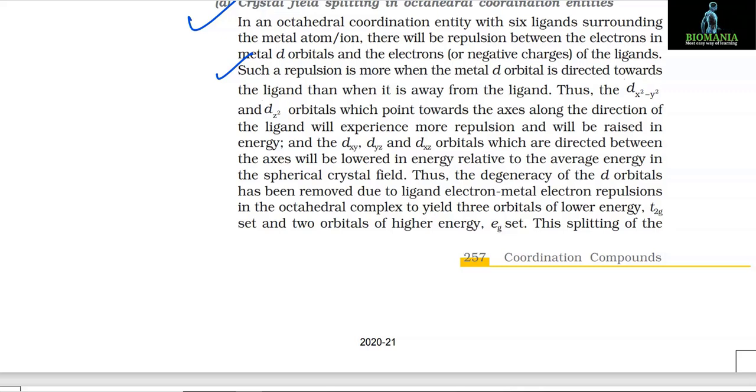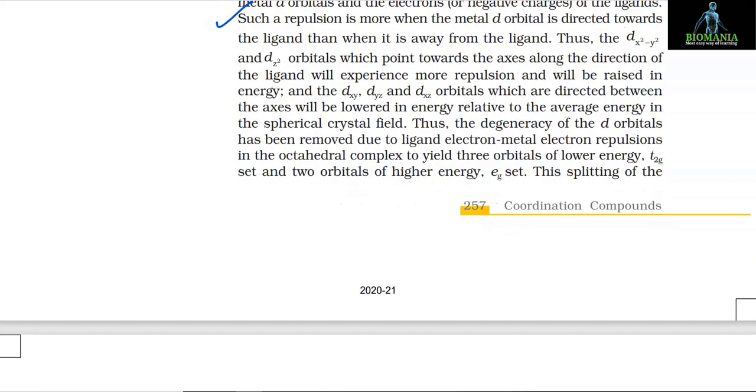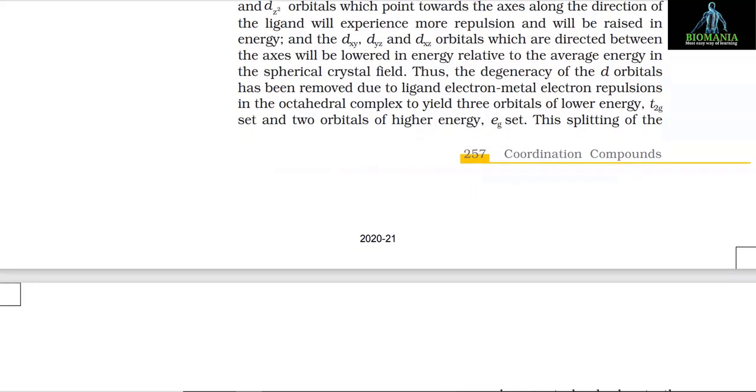Thus, the dx2-y2 and dz2 orbitals, which point towards the axis along the direction of the ligand, will experience more repulsion and will be raised in energy. And the dxy, dyz and dxz orbitals, which are directed between the axes, will be lowered in energy relative to the average energy in the spherical crystal field.